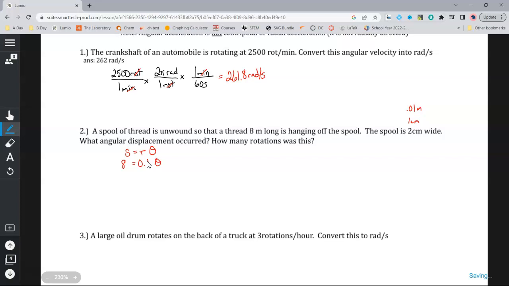So we have 8 divided by 0.01, which gives a theta of 800 radians. If I divide that by 2 pi, that is 127.3 rotations. So try number 3 on your own.